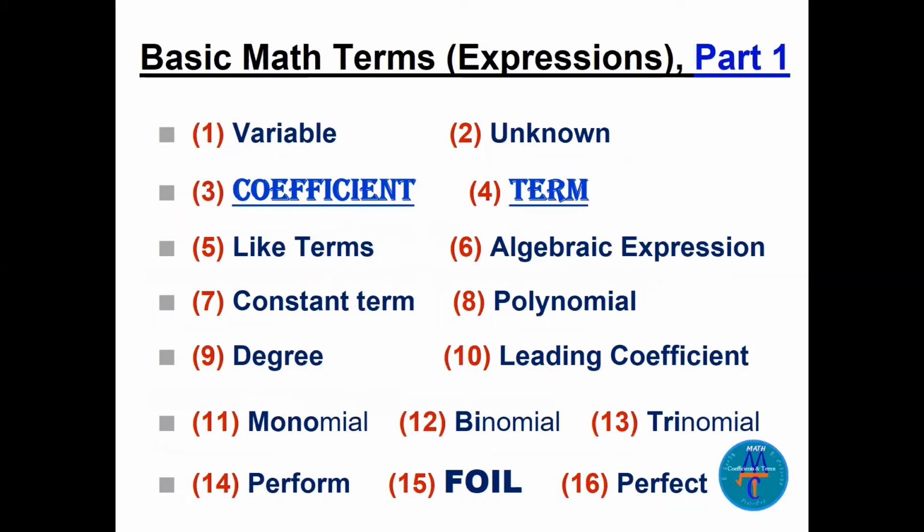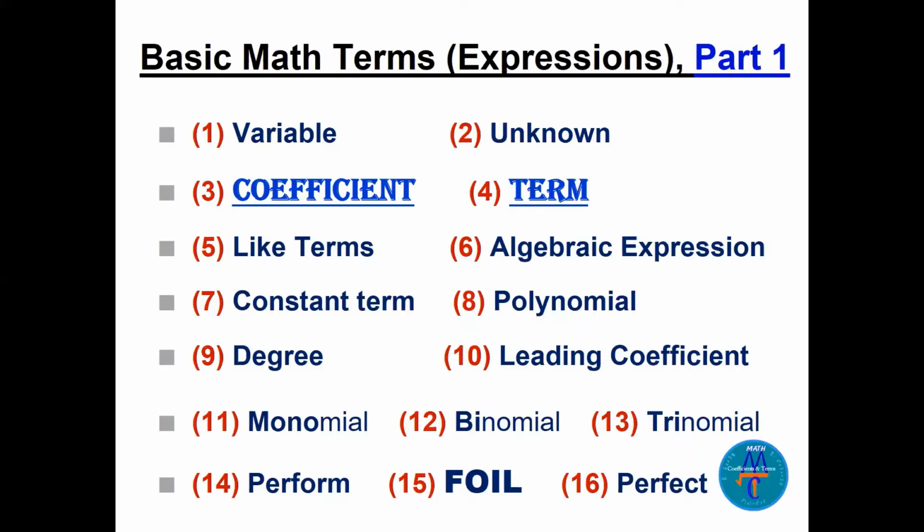Now, the first slide here, I will try to list all the terms or the words or the vocab of basic math terms in expressions in one slide. Then I will put the definitions later. So this is part 1. We have, let's say, 16 words. Some of them may be difficult, may be vague.